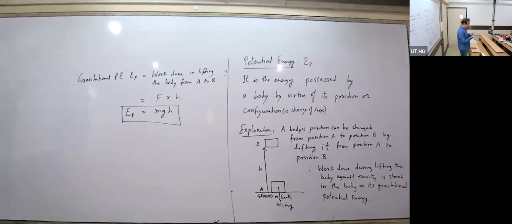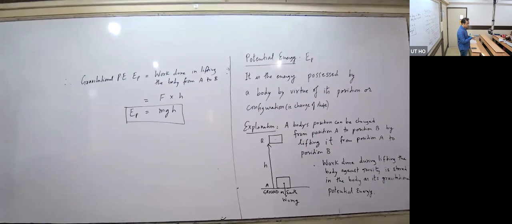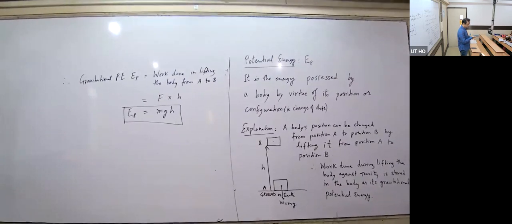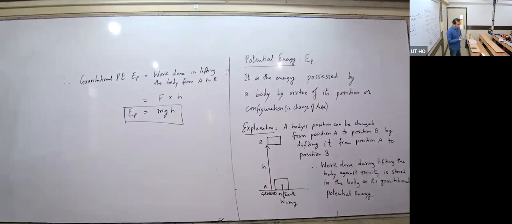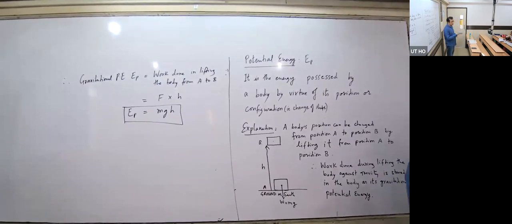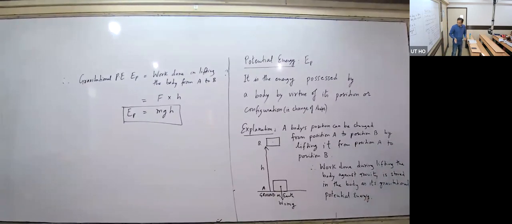But in that work, velocity is not changing. During such kind of work, its potential energy will increase. Whenever you do work on a body, when its velocity is not changing, at that time its potential energy will increase. Got it? So that's what it is.